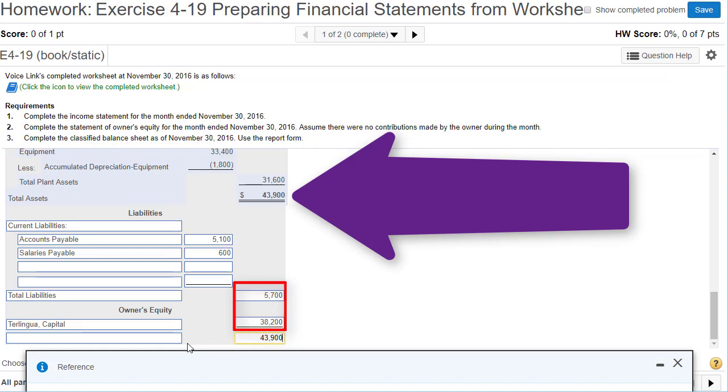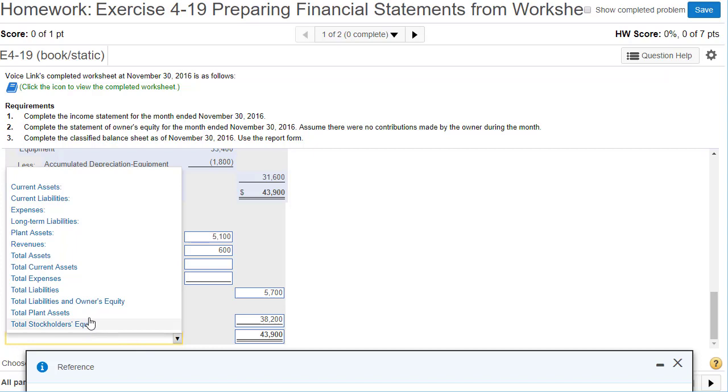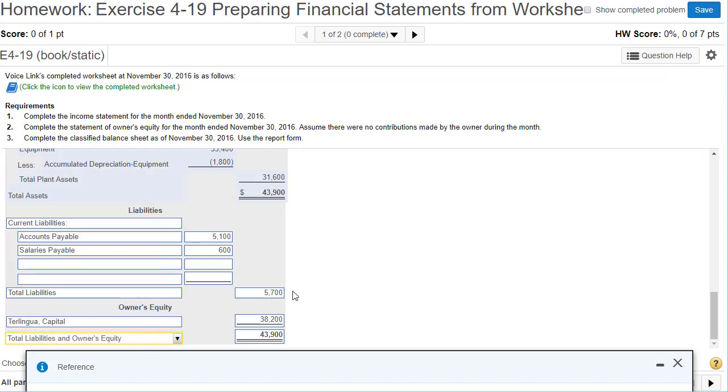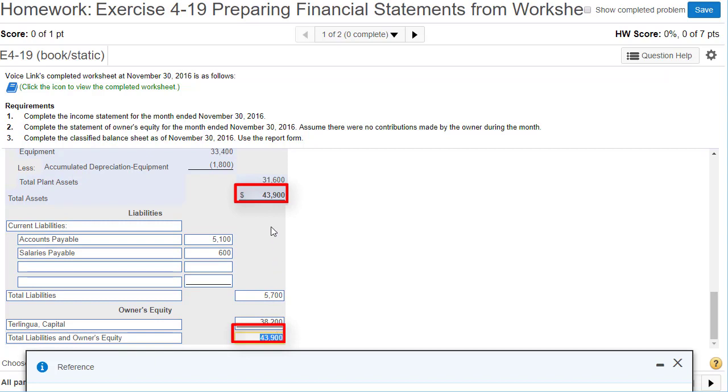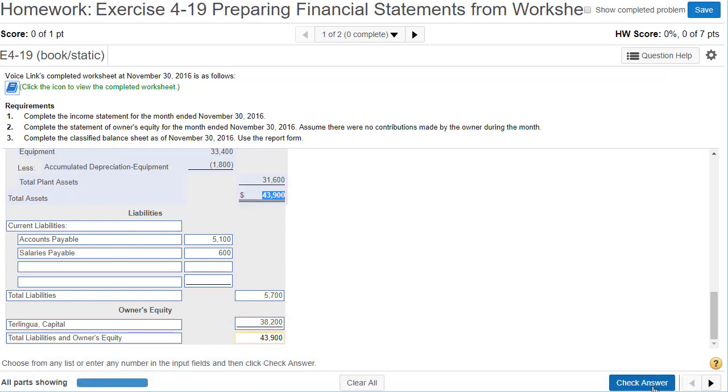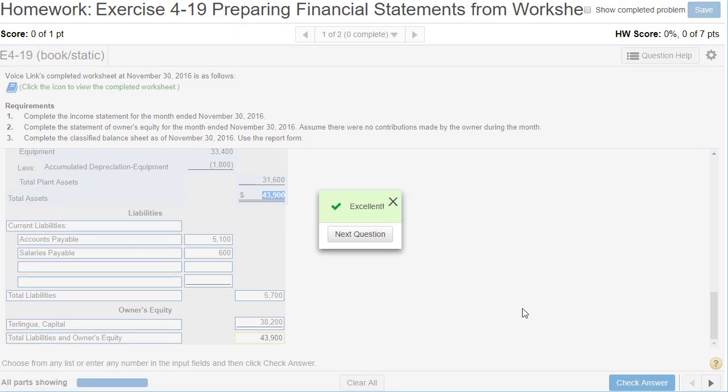And they do. And then this label is total liabilities and owner's equity. So if these two numbers don't match, total liabilities and equity versus total assets, you need to go back and troubleshoot to see where you went wrong. And that's it.